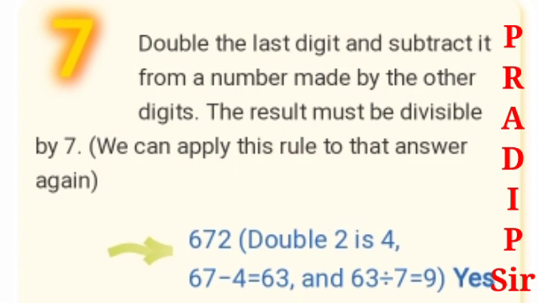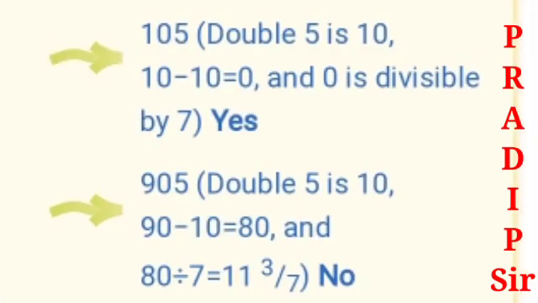Again I am saying, double the digit in the units place, subtract the result from the number formed by the rest of the digits. If the difference is divisible by 7, then the number is divisible by 7, and repeat this process if necessary. Like if we take another example here, suppose we consider the number 105.